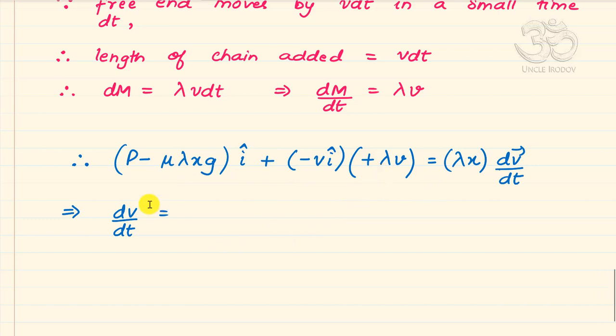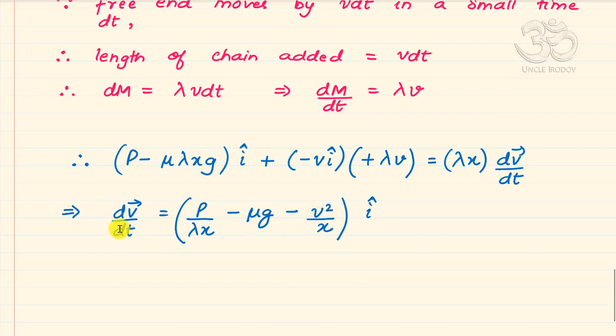So dv by dt is going to be p by lambda x here, and when lambda x they go here, they will go up with this lambda and x, so minus mu g, and then when this lambda x comes below here, lambda will go off, but you will have minus, and you will have v multiplied by v, so that's a v square, and the x will remain down, so minus v square by x, and all that I cap.